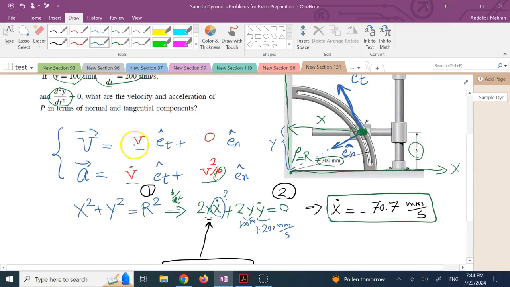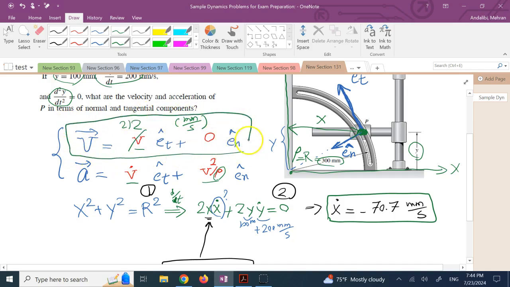So that goes right here. Of course, with units of mils per second, not meters per second. So the first part is done. We wrote the velocity of the particle in terms of what? T and n.